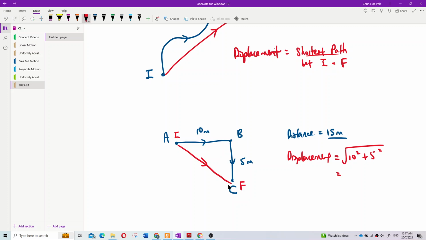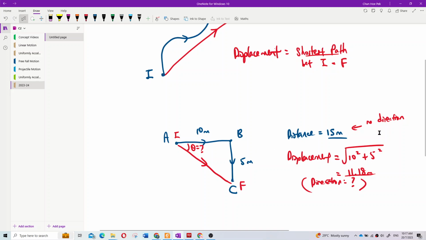I can't hear. 10 squared plus 5 squared, so the answer is 11.18 meters. And then you need to say what direction, right? You need to say what angle, so you need to say the direction also. Because displacement is a vector, you need to say the direction. This one has no direction. Distance is just the total path.